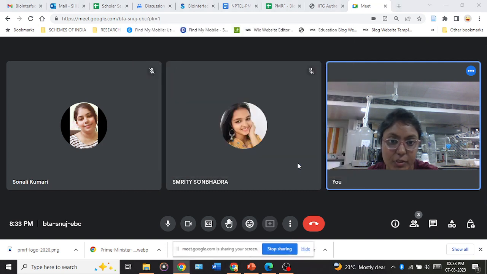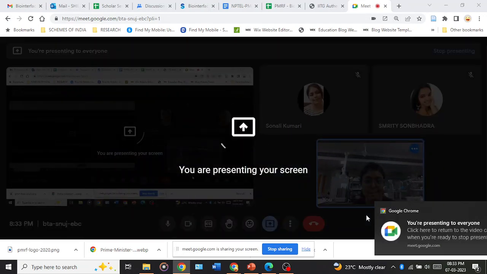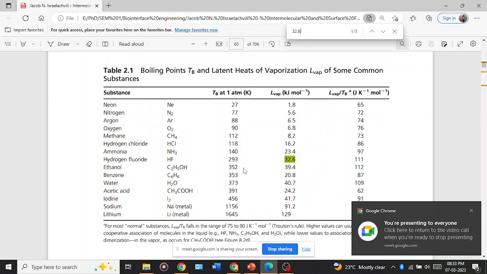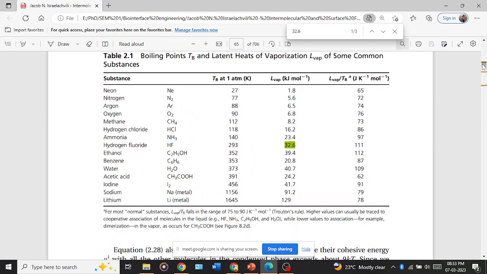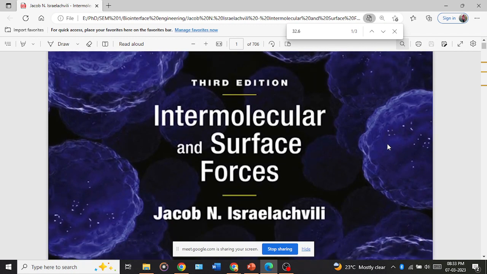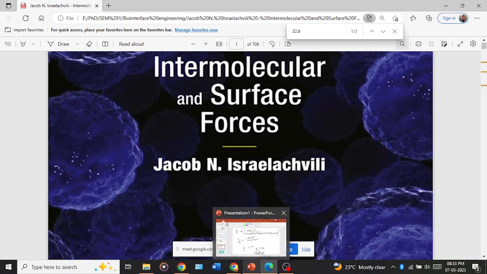Okay, let's see. Can you see the book here? So this is the book, Intermolecular and Surface Forces by Jacob and Israel H. Willi.